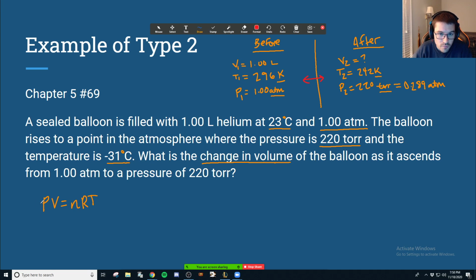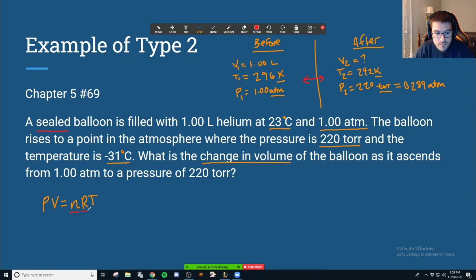So P, V, and T are changing. What's not changing is n. It's a sealed balloon, so particles are not escaping or entering into the balloon. The amount of matter inside of the balloon, the number of particles, the number of moles inside the balloon, is constant between the two scenarios, between the two conditions, between the two states.